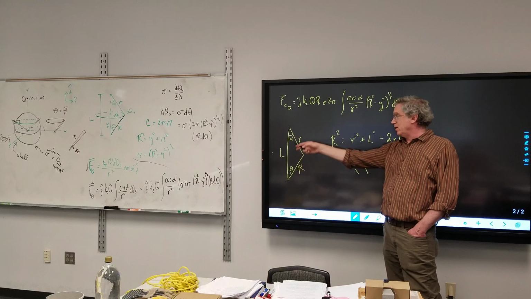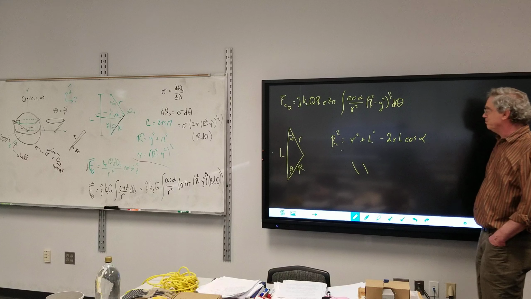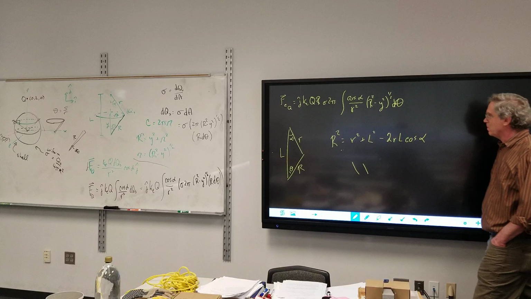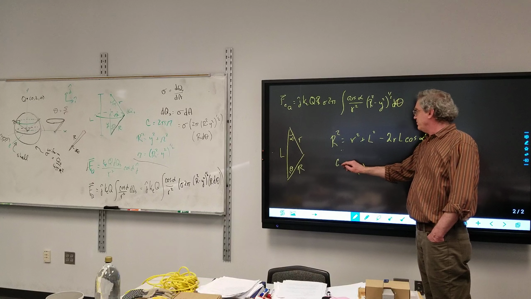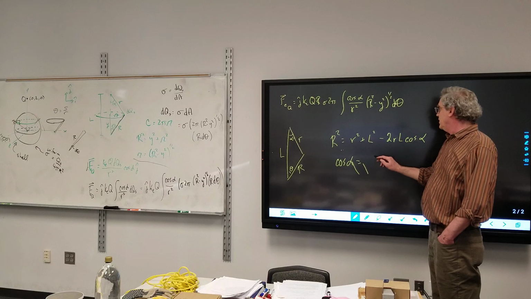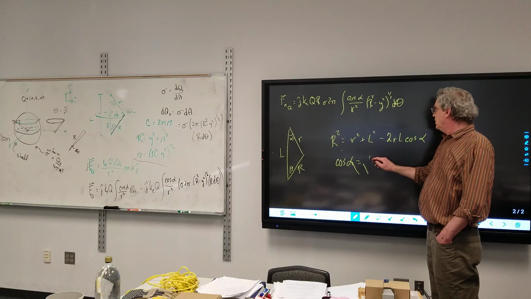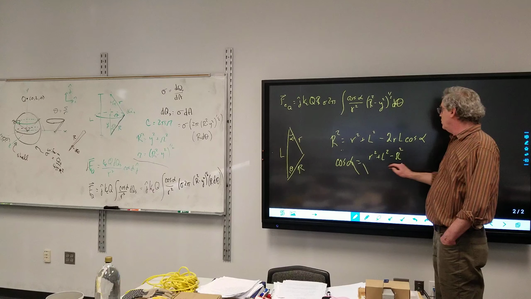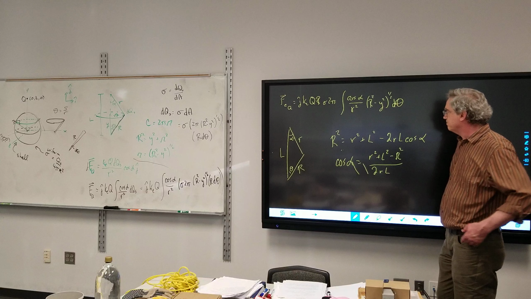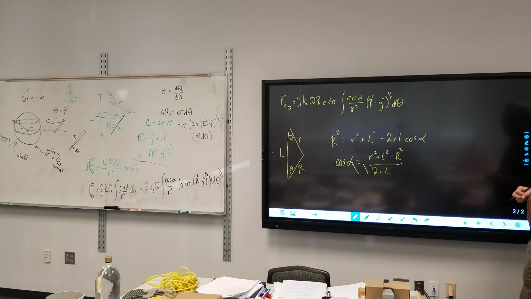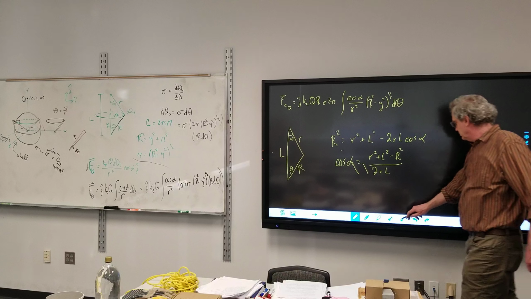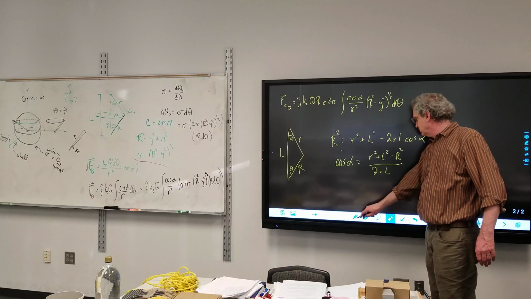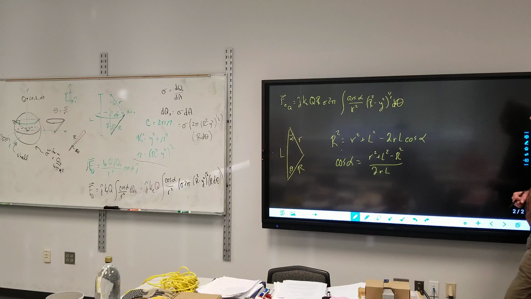So the opposite of big R is alpha, cosine alpha. Law of cosines. So we can solve for cosine alpha, and that's going to be equal to little r squared plus L squared minus big R squared over 2RL. So we now have everything in terms of r.